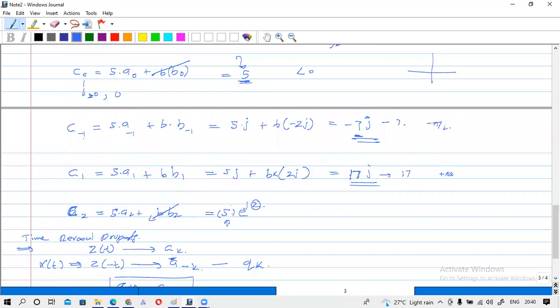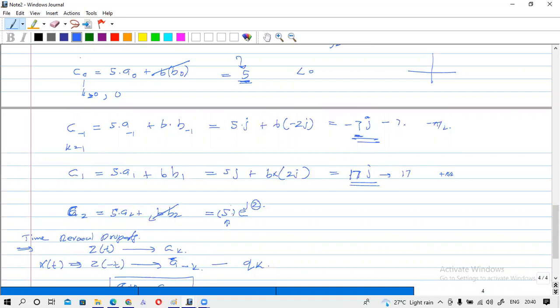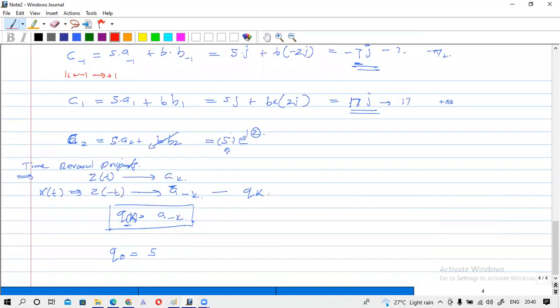Here for c minus 1, k is equal to minus 1, so you have to get the minus of k, that will be plus 1. Corresponding to this time reversed signal, that coefficient will be q1, where k is equal to 1 because you have to get the minus sign.